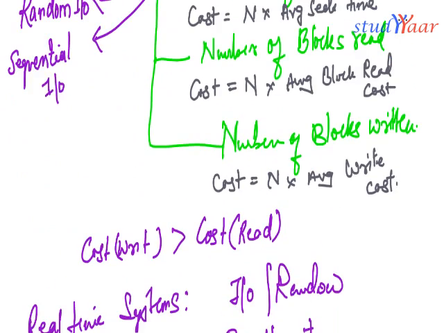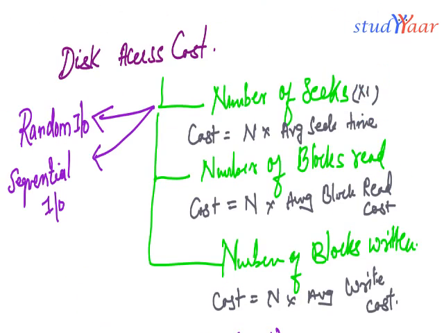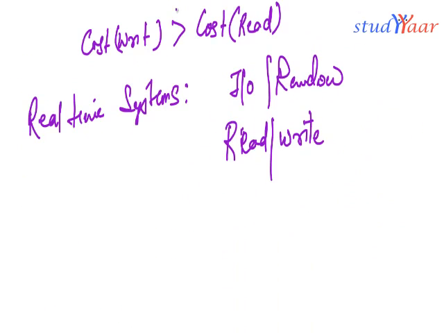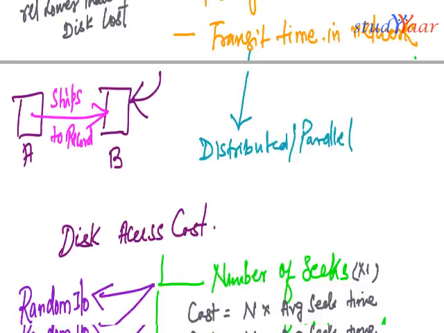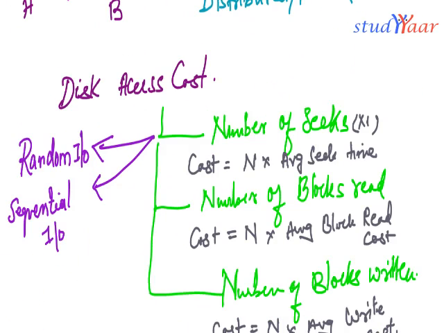If my buffer is large, I am going to be able to do a large amount of processing in the main memory itself. So real-time systems also look into the size of the memory buffer. But primarily here we are going to see only the blocks read and blocks written costs.